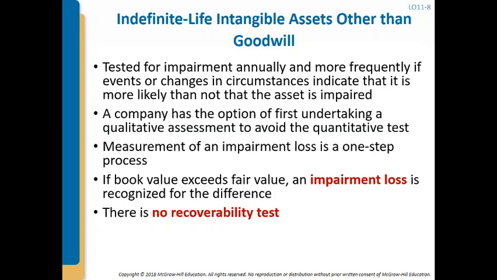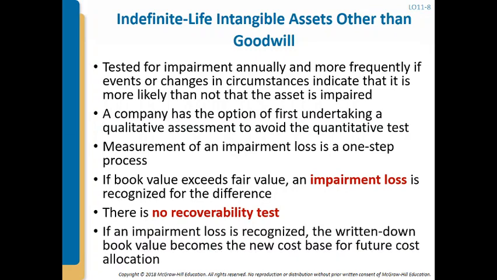Meaning you don't have to mess with undiscounted future cash flows that we did with tangible assets. And so, like we've seen before, if an impairment loss is recognized, the written down book value becomes the new cost base for future cost allocation.